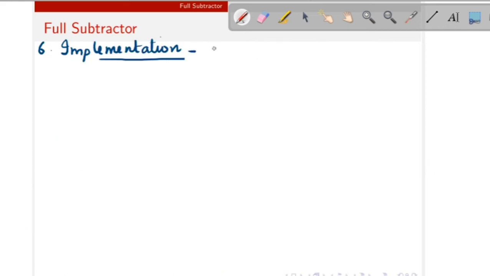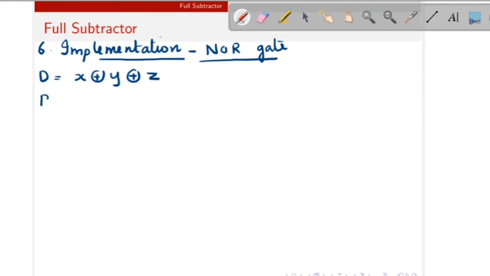Next is implementation of full subtractor using NOR gate. So we know that difference is equal to x XOR y XOR z. So we can take p is equal to x XOR y. We know how to implement XOR gate using NOR gate.